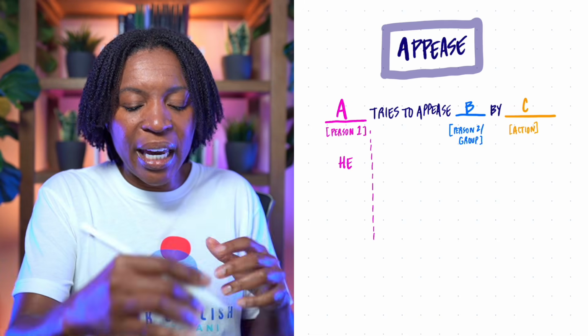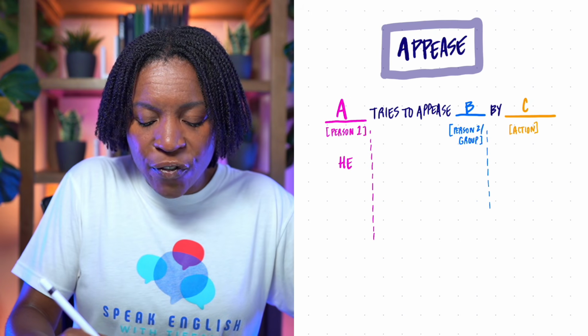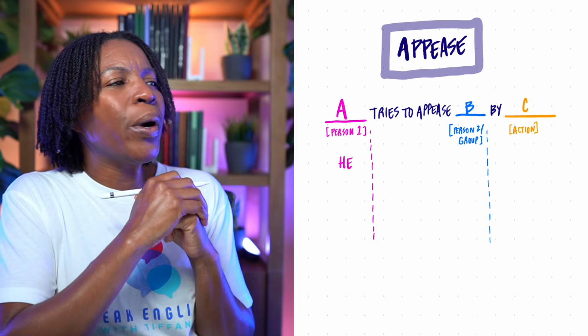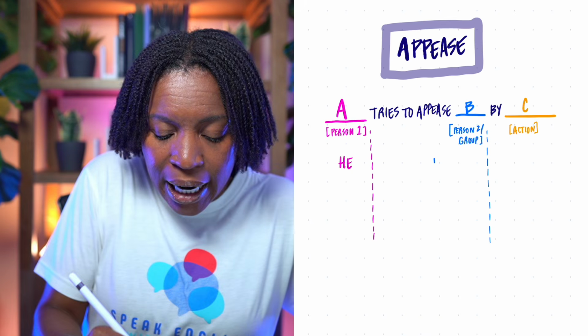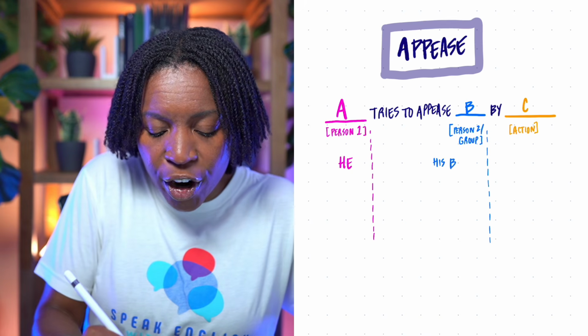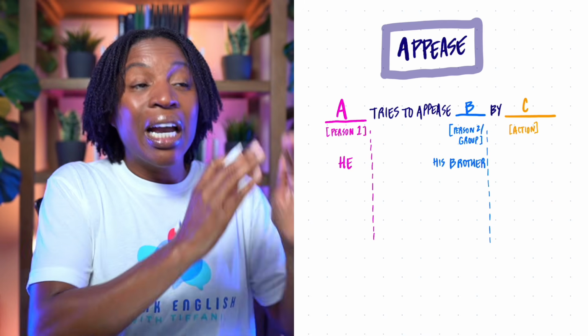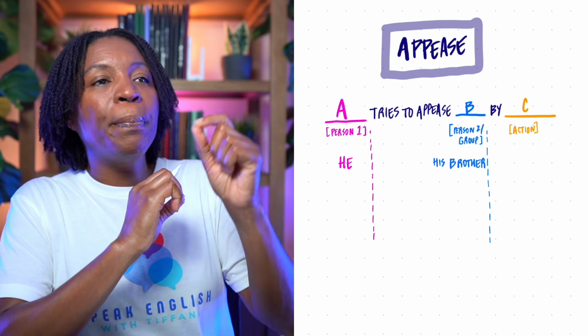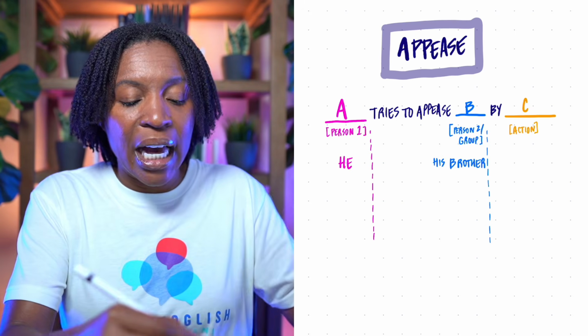Then we have letter B being person 2 or a group. So for our first example, we're going to say his brother. All right, so let's write his brother. So far we have for the sentence, he tries to appease his brother by, now we need letter C, the action.